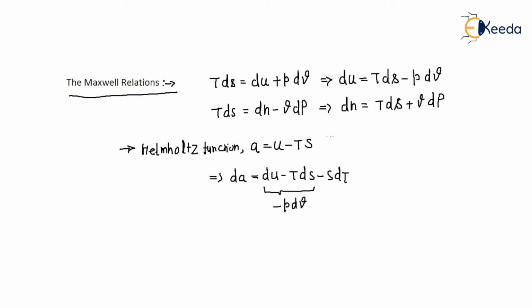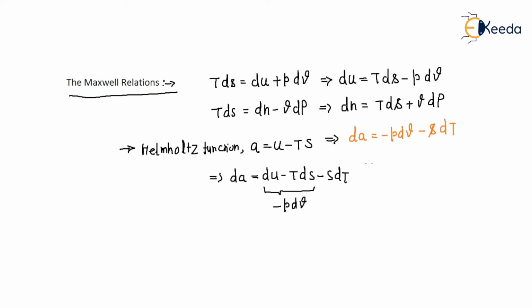So another relation is dA equal to minus pdv minus sdt. This is the third.